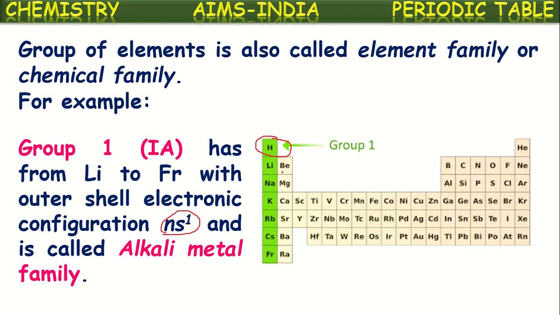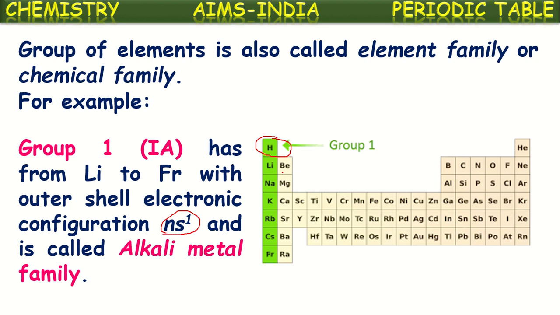That is why these first A group elements are specially called alkali metals and also called the alkali metal family. Okay, first A group elements except hydrogen, the remaining are all called the alkali metal family. Why is hydrogen excluded here?